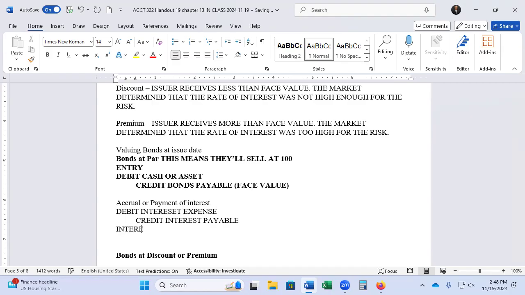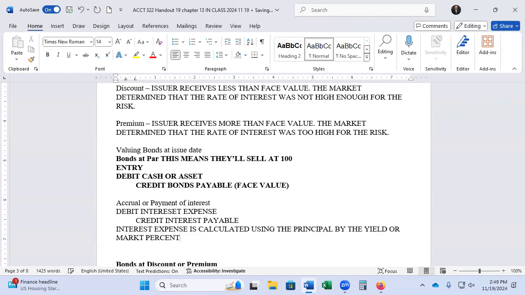And remember, interest expense is calculated using the principal and multiplying by the yield or market percent of interest.